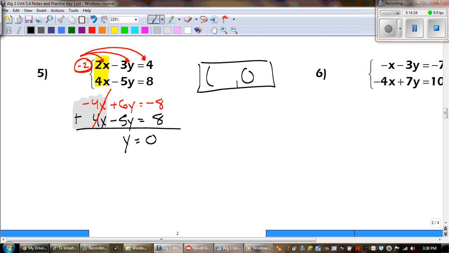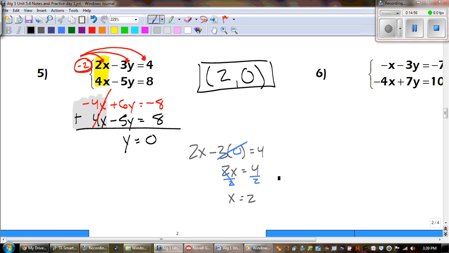Remember, that's not your answer, that's just y. Now we can plug into any of the equations. I'm just going to plug into the top one. -3 times 0 is, well, not -0, it's 0. 2x equals 4, divide both sides, and we get x equals 2.